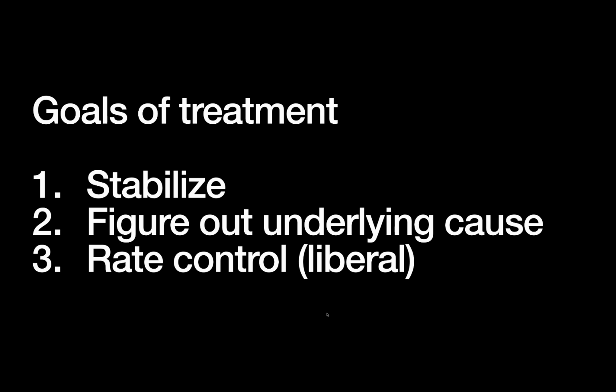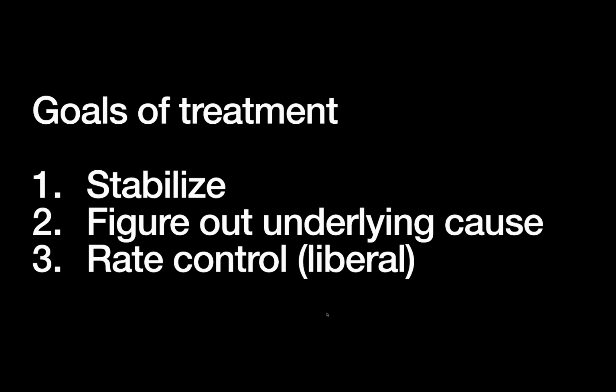So, in general, our goals of treating these patients, like you mentioned, are first stabilizing the patient. If they're unstable, going down the ACLS pathway to make sure they're stable, and then figuring out the underlying cause. And I can't stress this enough, because you can throw medications at them all you want to try to get their heart rate down or get them out of atrial fibrillation.